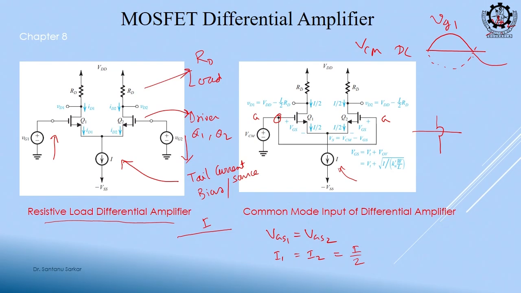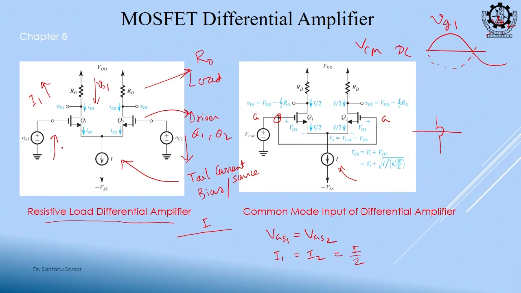The voltage at Q1 is increasing. So, what will happen to I1? I1 will also increase. If I1 increases, what will happen to the output VD1 of this branch? It will decrease, because the resistive drop will increase and it is subtracting. So, Vout will decrease.